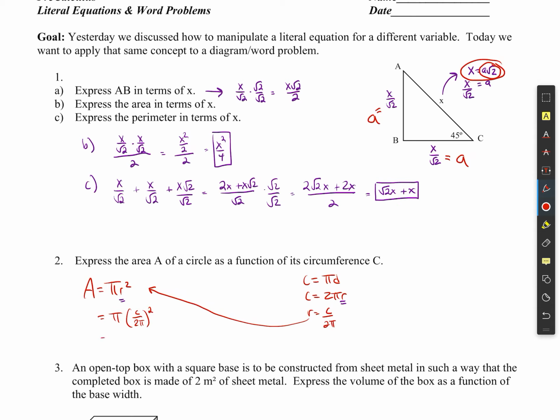Doing a little bit of math here: pi times c squared over 4 pi squared. Simplify that out. Circumference squared over 4 pi is our area. So it's weird, but all we're really doing is just manipulating formulas: constantly manipulating, plugging in, simplifying. This is going to happen over and over again throughout these problems.